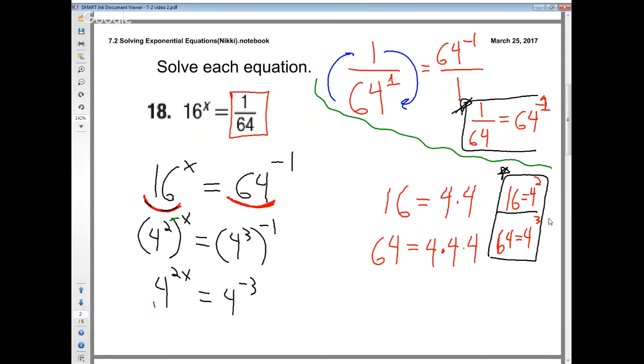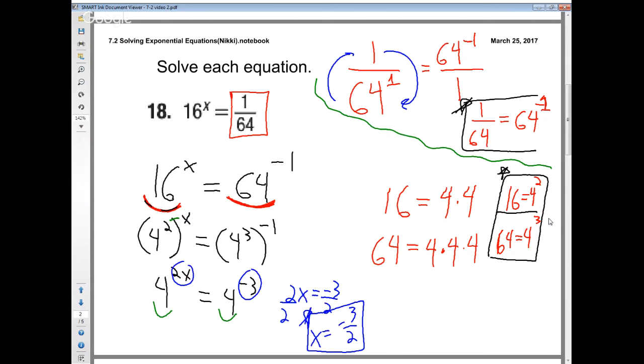And check it out. We have bases that are the same. They're both equal to 4. So from here, just set the two exponents equal and solve. So we'll have 2x equal to negative 3, and just divide by 2, and you get x is equal to negative 3 halves, or negative 3 over 2.